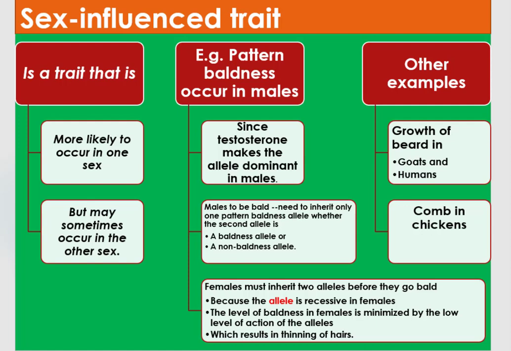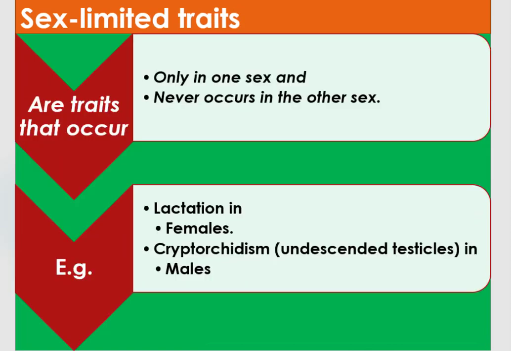This is due to male hormonal action that lets this trait occur frequently, even if only one recessive allele exists in males. Comb in chickens: combs frequently occur in males, but rarely occur in females.